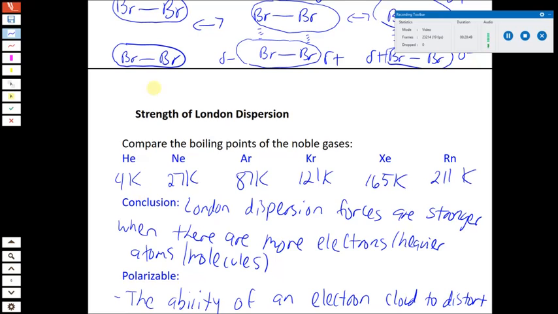So let's say one of them has this structure here. It's 5 carbons and 12 hydrogens, C5H12, and then another form of that would have this sort of linear form.